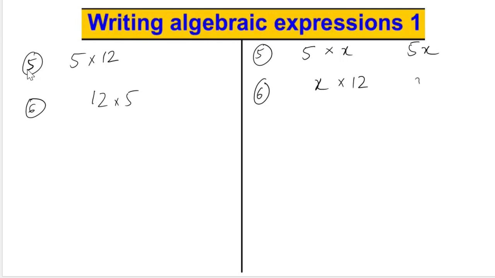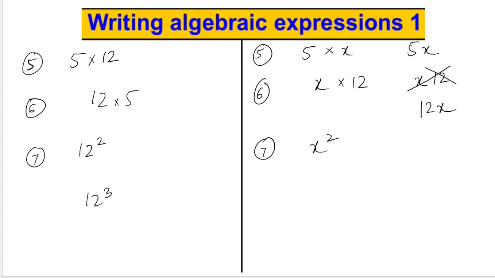But mathematicians do not write x12. They write 12x. So that's the standard way we have to learn. You cannot write x times 12 as x12. You have to write 12x. The seventh one is 12 square, or x square, or it may be 12 cube or x cube.